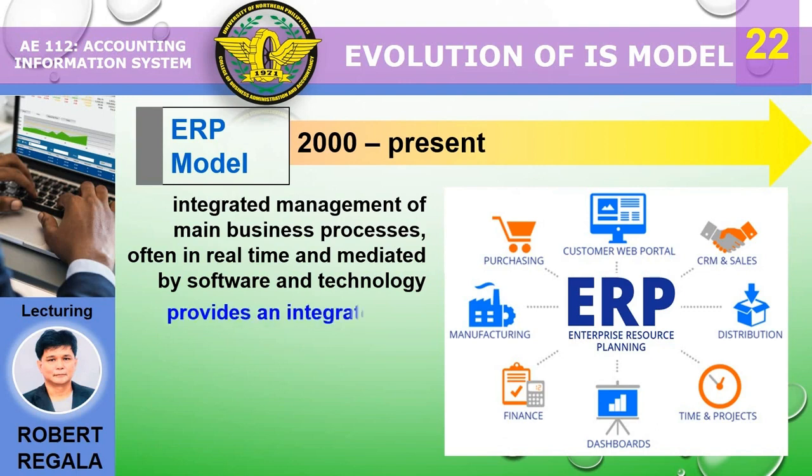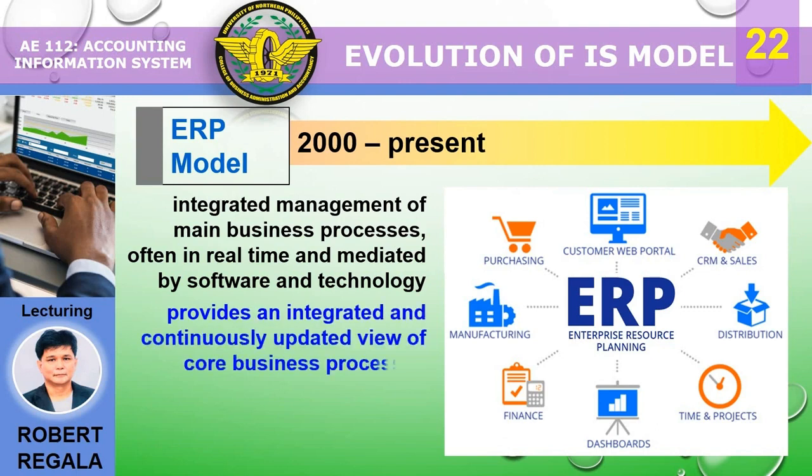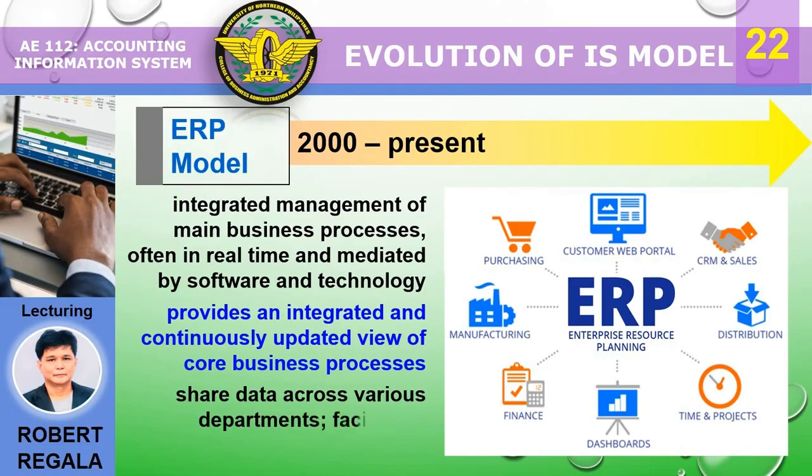It provides an integrated and continuously updated view of core business processes, using common databases maintained by a database management system. ERP systems track business resources, cash, raw materials, production capacity, and the status of business commitments, such as orders, purchase orders, and payroll. The applications that make up the system share data across various departments: manufacturing, purchasing, sales, accounting, etc., that provide the data.